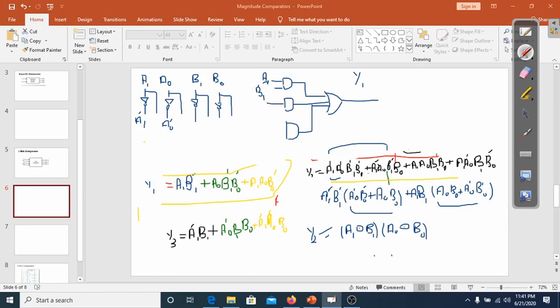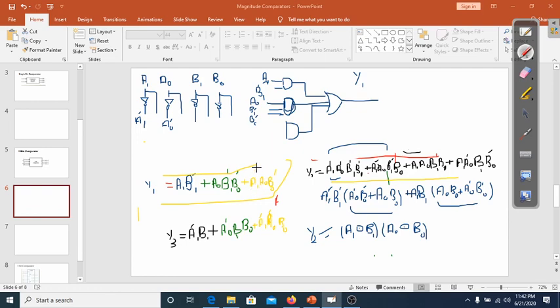Okay, so this AND gate has three inputs, A naught, B1 prime and B naught prime.